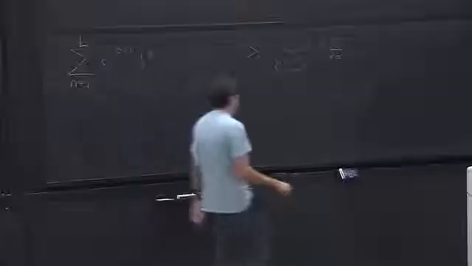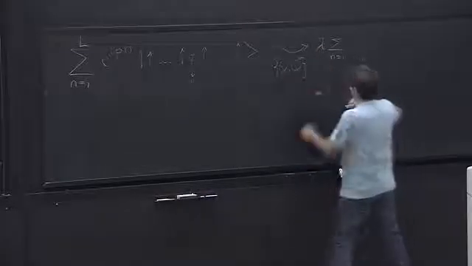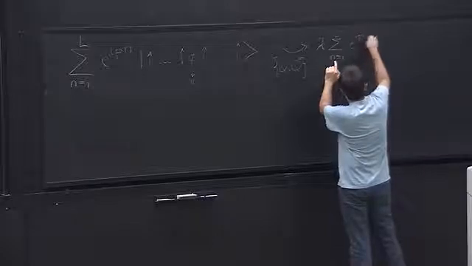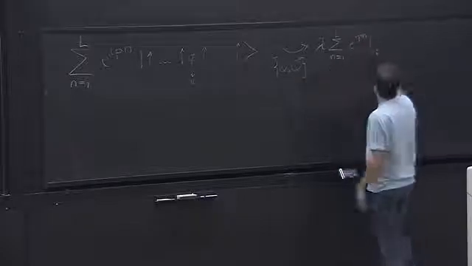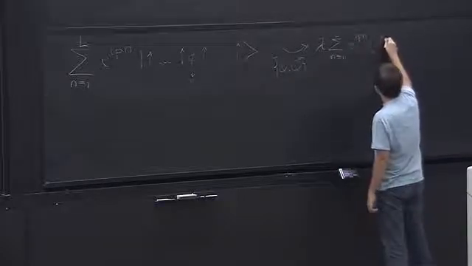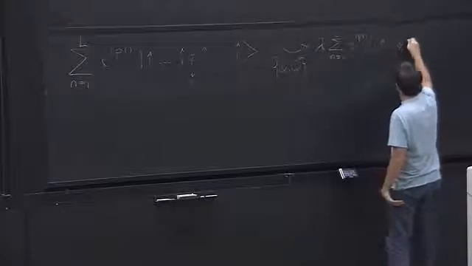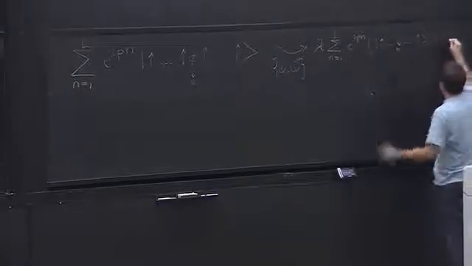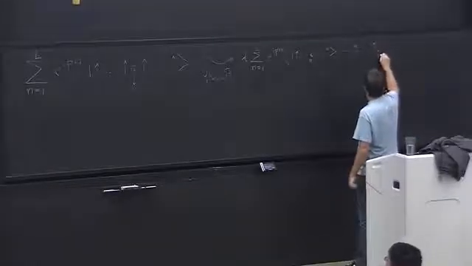Sometimes I use g squared. It goes to lambda times the sum over n of e to the i p n, and then I either do nothing, which is the same thing, or the commutator has another term, minus a term where the excitation is now at position n plus 1.